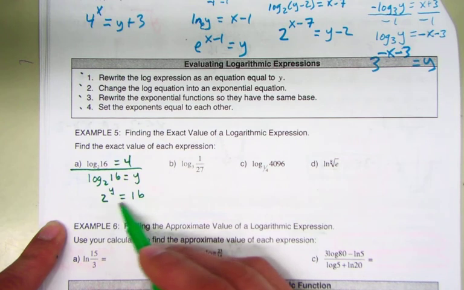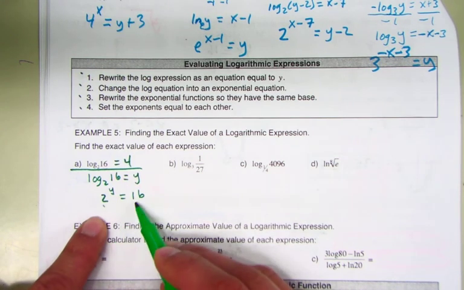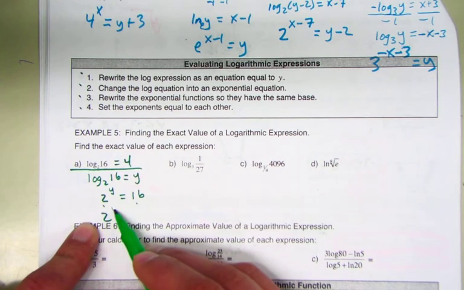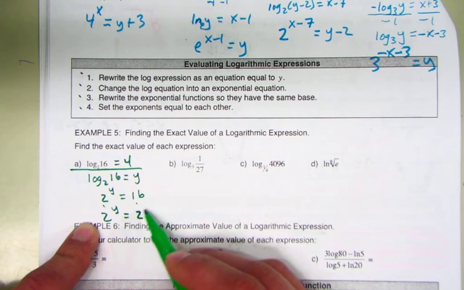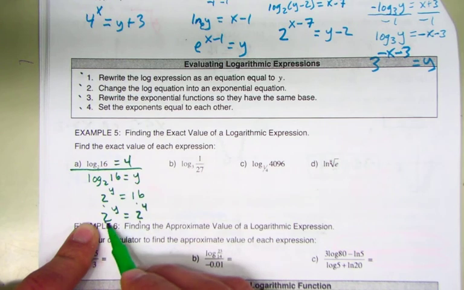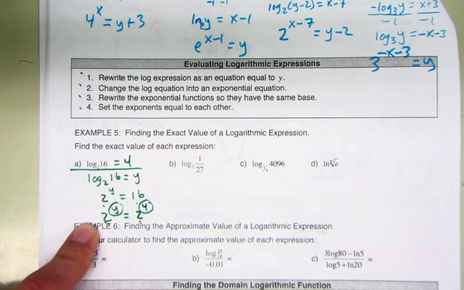And now these are equations that we did a few weeks ago. You have to make these so that they're the same base, right? So 2 to the y, and then 16 is 2 to the 4. Does that make sense? Remember that once the bases are identical, the exponents must be equal to each other. And that's how we get 4 for our answer. Okay?